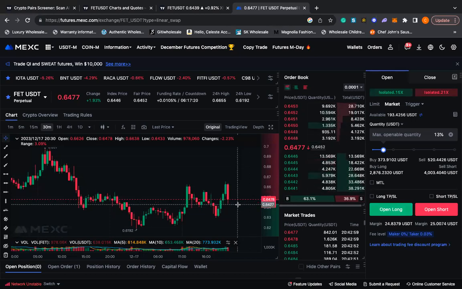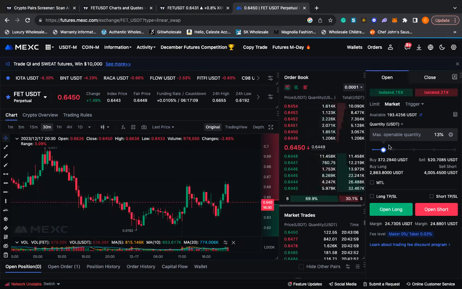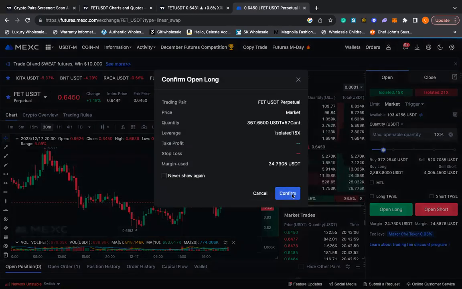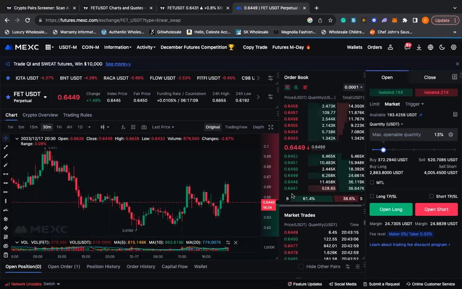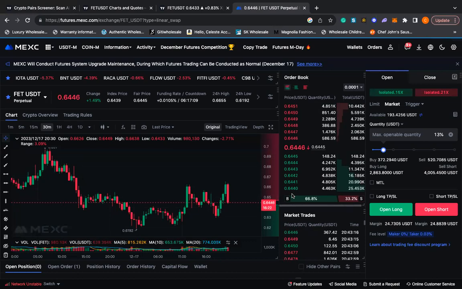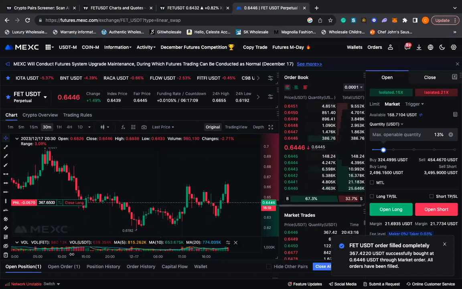And just like the brother said, I'm going to bounce at the bottom of this wick right here at 0.6427. Right here, I would actually go down just a bit more.